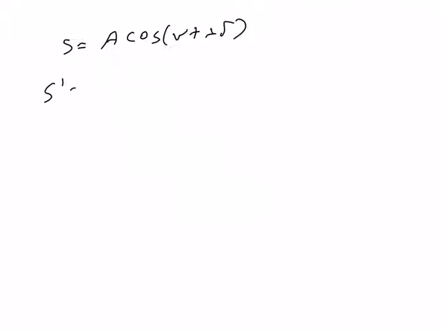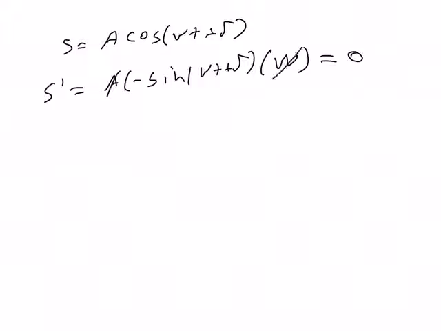So s prime is going to be A times negative sine of omega t plus delta, and then this comes out, times just omega, because the delta vanishes. Then it asks us to find when the velocity is equal to 0. So let's set this to 0.